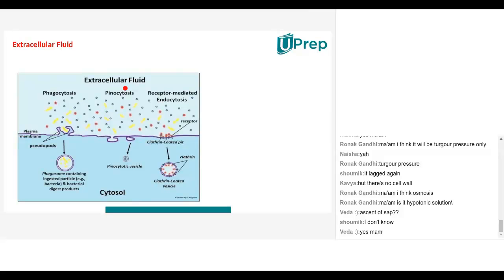Now we'll see how the plasma membrane maintains balance inside an animal cell, because we won't have a cell wall in animal cells like the plant cell. Now, various terms here: phagocytosis, pinocytosis, receptor-mediated endocytosis. All these words are related to the intake of substances from outside the cell into the cell by the plasma membrane.